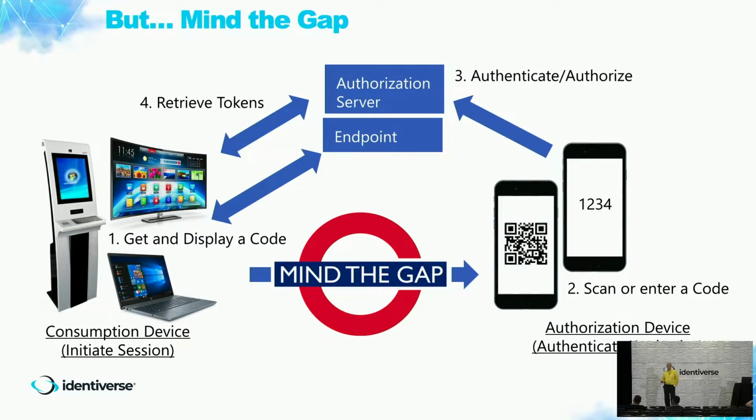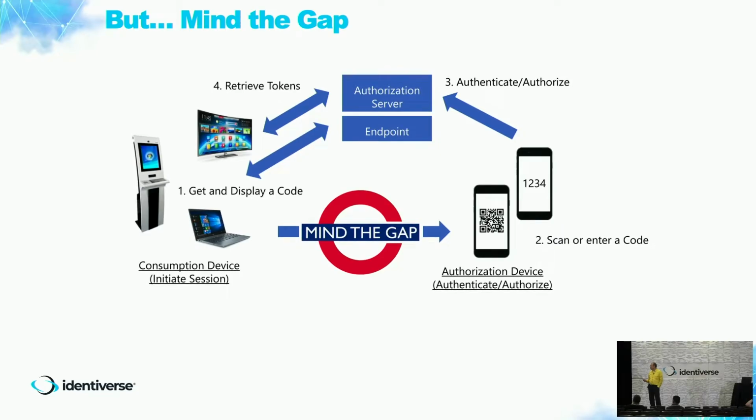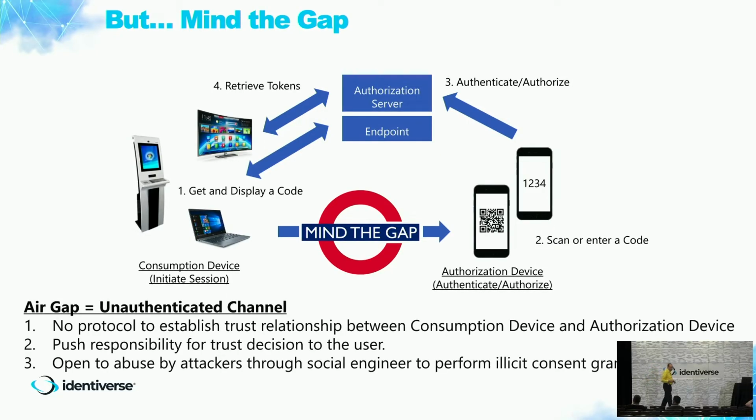However, there is one small thing to be mindful of, and it's the air gap between the consumption device and the authorization device. The thing to keep in mind, the challenge that happens here, is this is an unauthenticated channel.